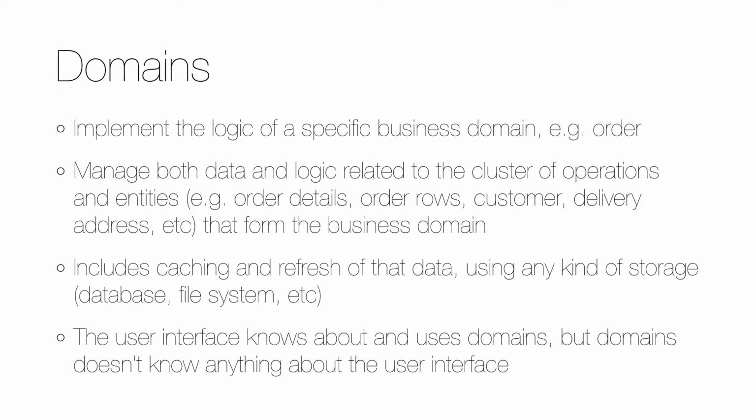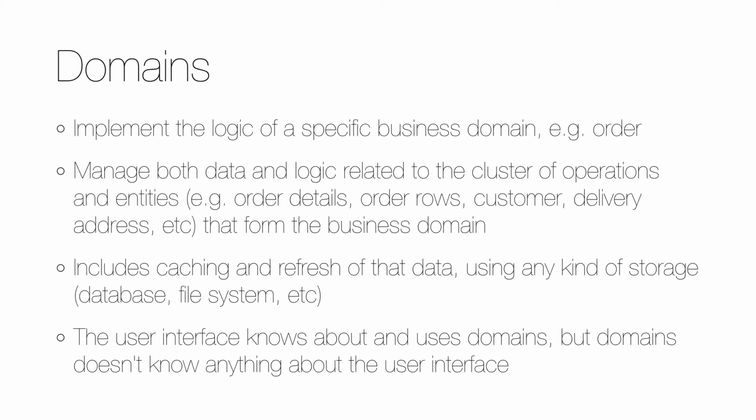So finally, the idea behind the domain components is to implement the logic for a specific business domain. It could be an order, and then the domain would know about a number of operations and entities, for example, order details, order rows, the customer, delivery address.